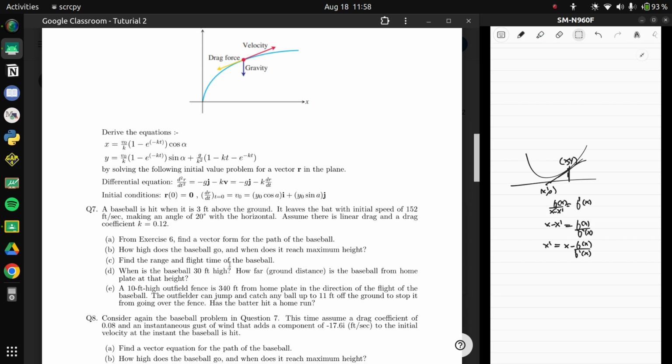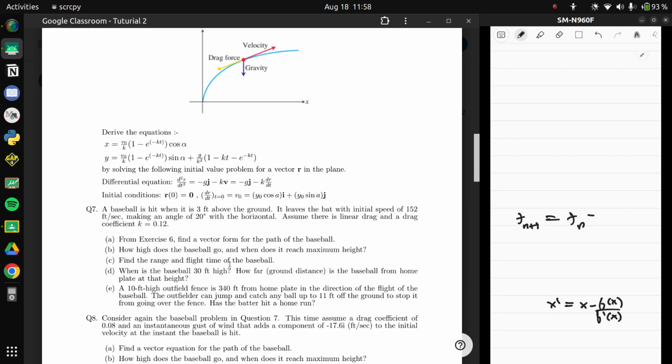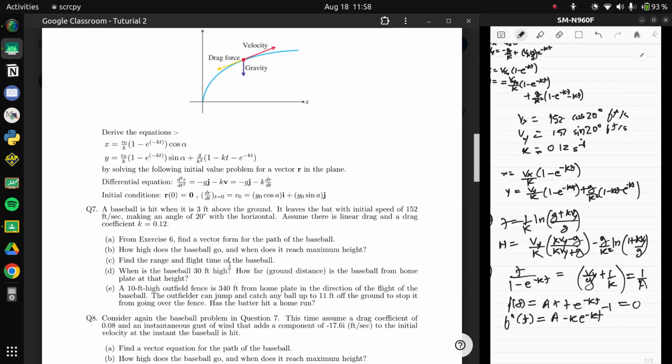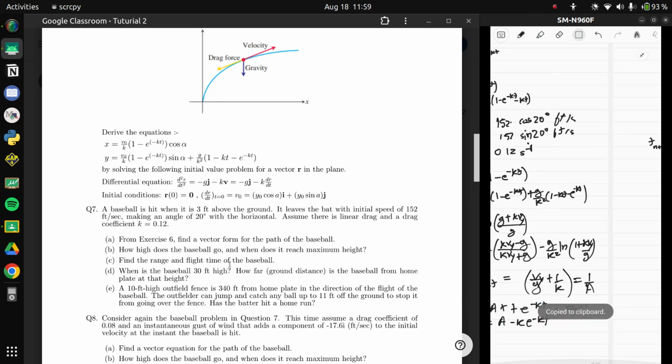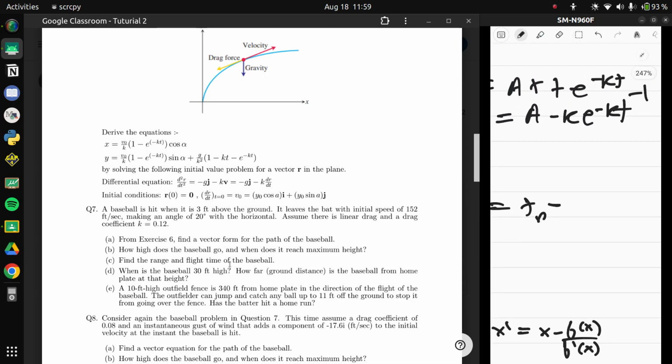So in this scenario, this will be t sub n plus 1, equal to t sub n minus f upon f dash, whatever f is, which happens to be this stuff. Oof, it's gonna be a long day.